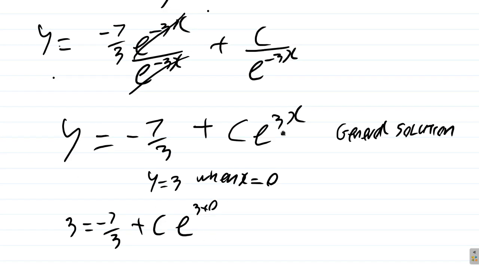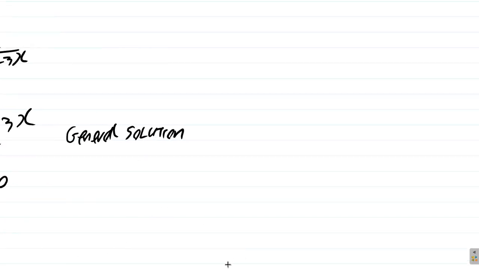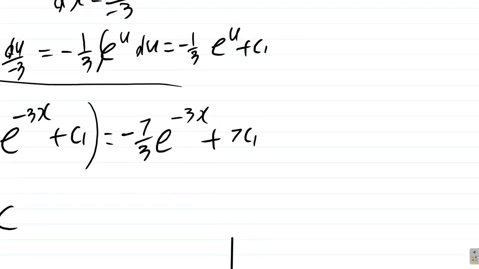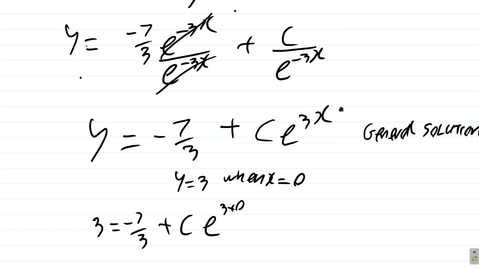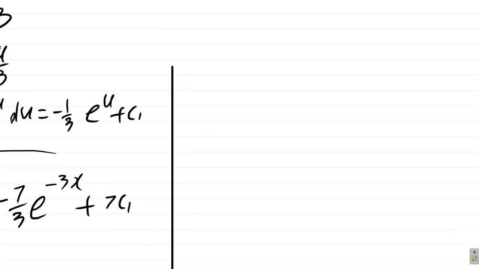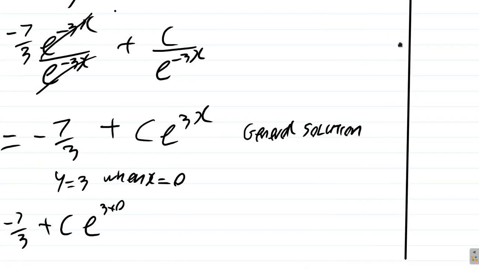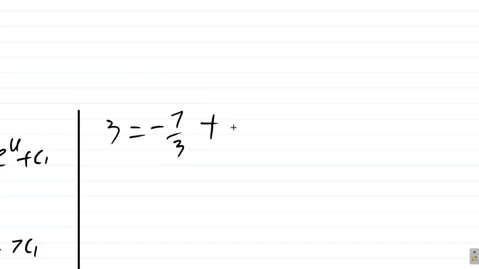We run out of scrolling space, you know. Can't scroll down anymore. Just draw a line upwards and work on the right hand side of that line. So what we have, 3 equals negative 7 over 3 plus c e to the 0. c e to the 0, but e to the 0 is 1.